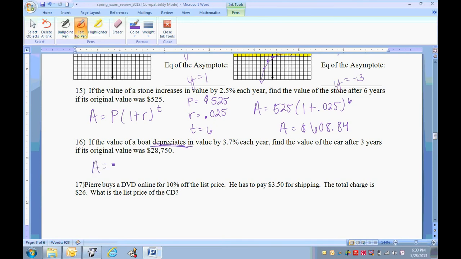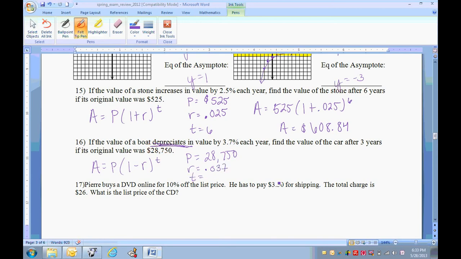The value of the boat depreciates. So it's going to be A equals P times 1 minus r raised to the t, where our principal amount, the original value of the boat, or car, I don't know why we have two different words there, is $28,750. The rate at which it's decreasing is 3.7% each year. When we convert that to a decimal, it becomes 0.037.